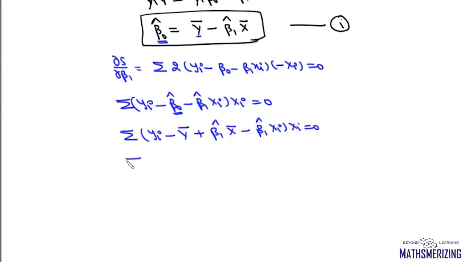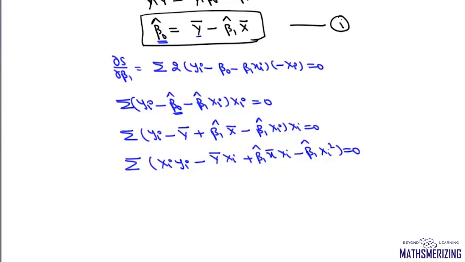Now we can write this as this summation xi yi minus y bar xi plus beta 1 cap x bar xi minus beta 1 cap xi square, and it will be equal to 0.